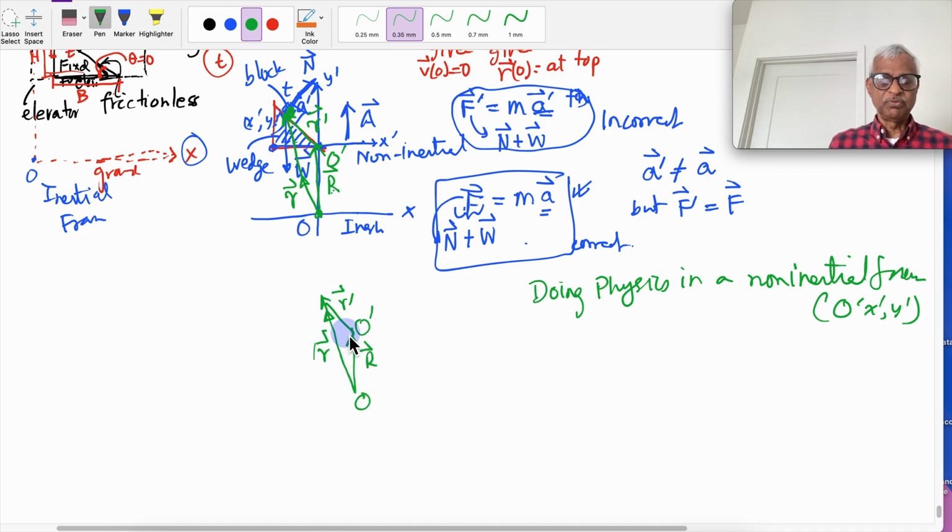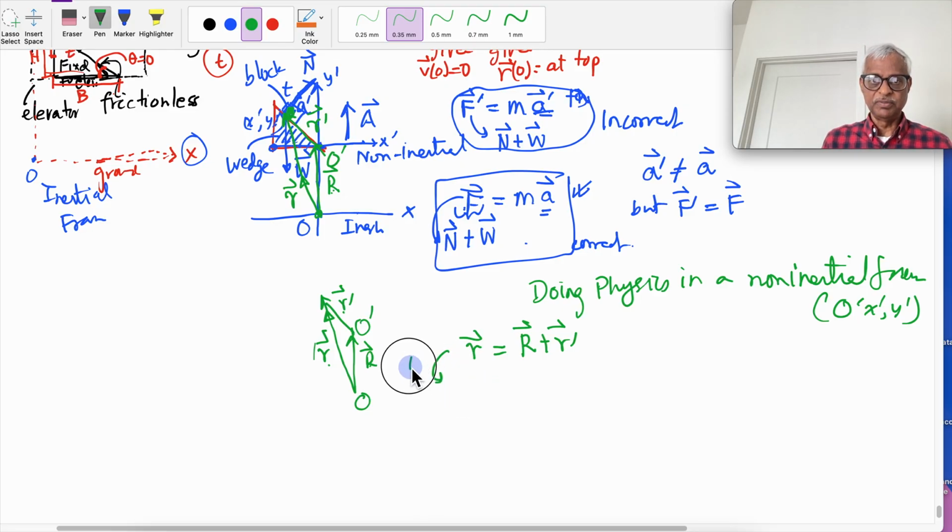If you look at this vector-wise, you get to R by going through this and this. Now take a time derivative. If you do d/dt of this, then the velocity with respect to this will be the velocity of the frame.